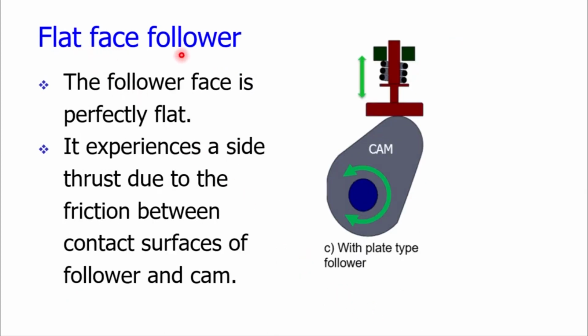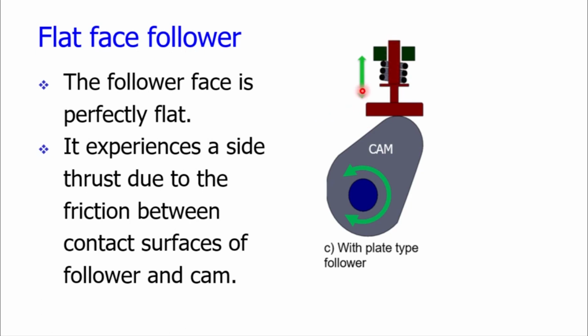In a flat face follower, there may be chances of having side thrust. As the cam connects at these points of the follower, there may be application of side thrust on the stem of the follower.